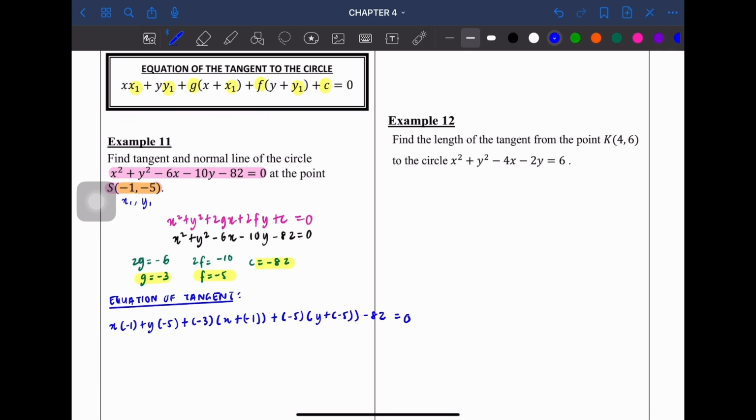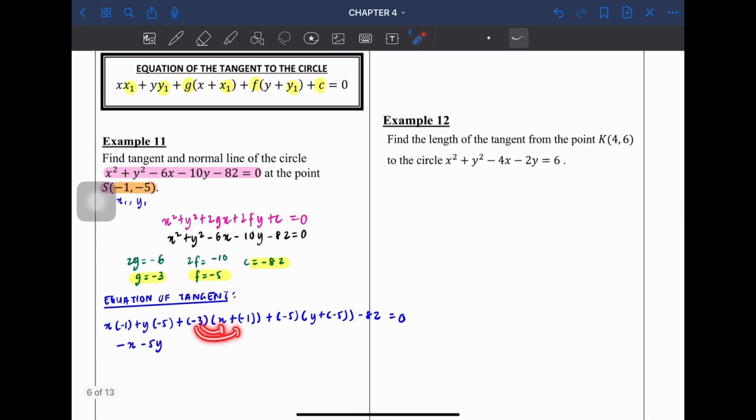Okay, it's quite long. So now we simplify, so we have negative x, negative 5y. And then we have negative 3, negative 3x plus 3, and then we have negative 5y plus 25, and minus 82 equal to 0.